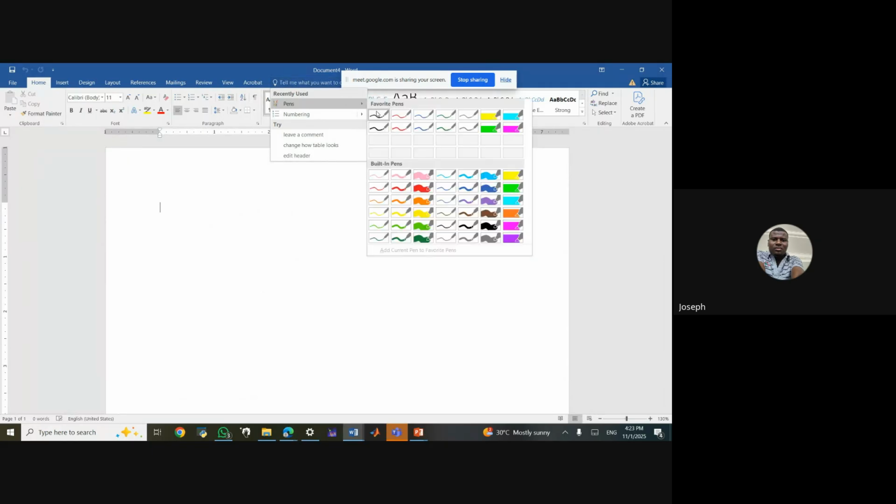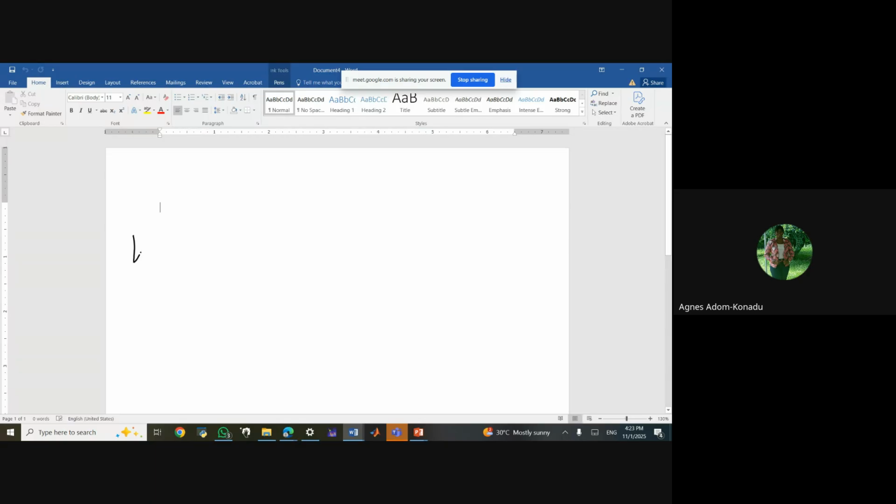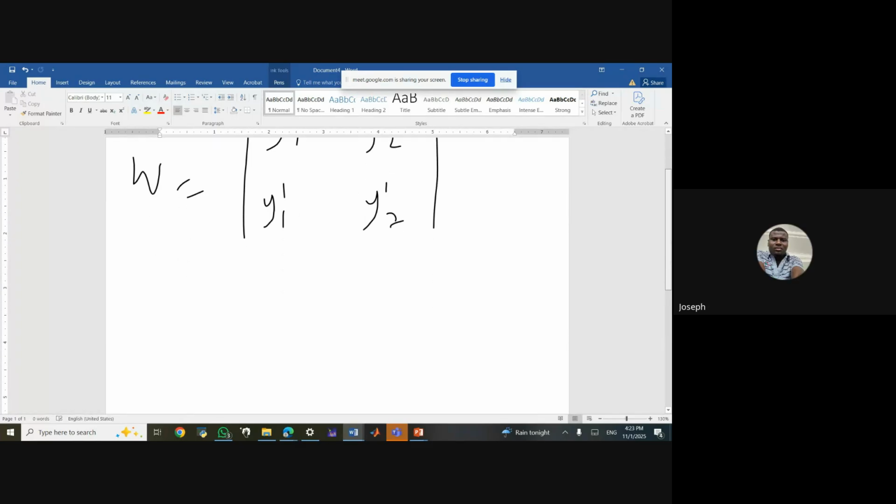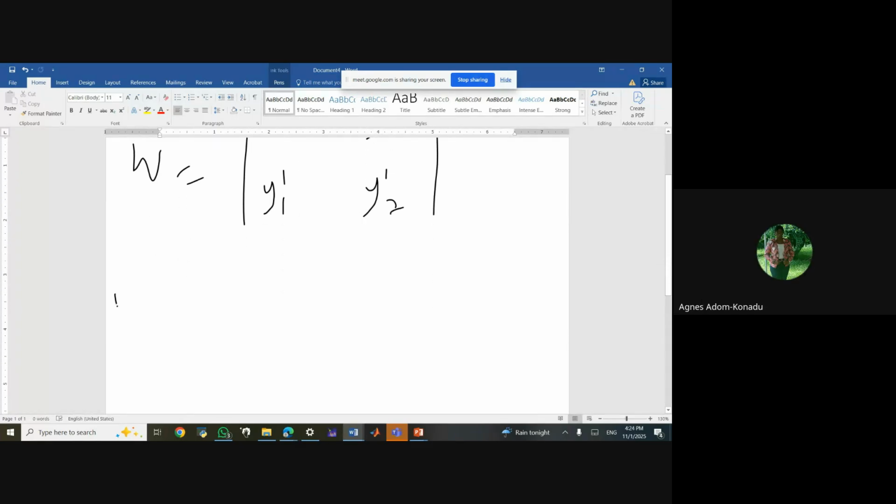W is equal to the determinant of y1, y2, and then the derivatives y1 prime, y2 prime. Then you find the determinant.